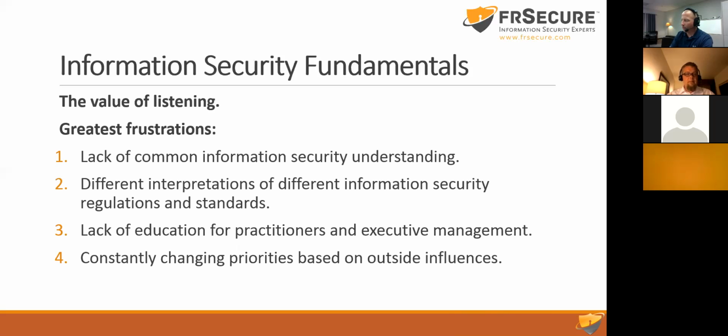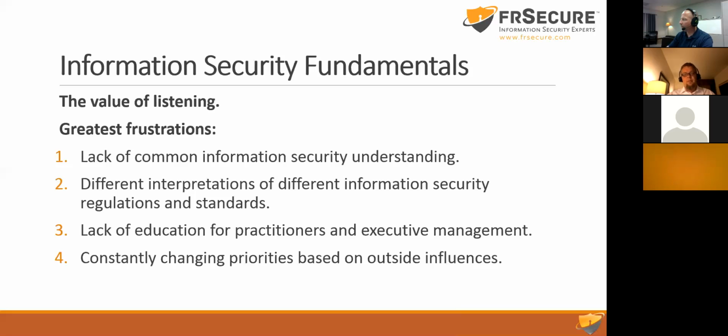HIPAA is a big one in healthcare, GLBA and derivatives from the FFIEC in banking and finance, PCI compliance, FINRA. There are just so many different regulations and standards. If you have any kind of sensitive information in bulk, chances are there's a regulation or a standard that you have to comply with.